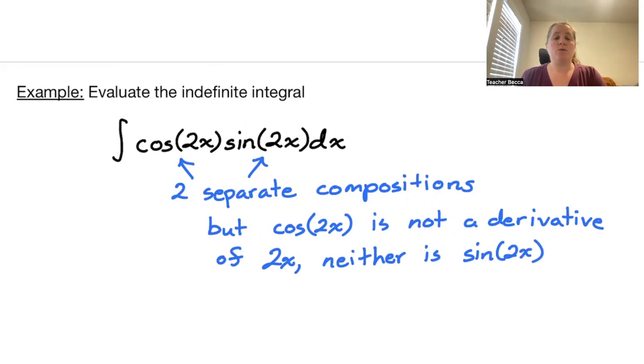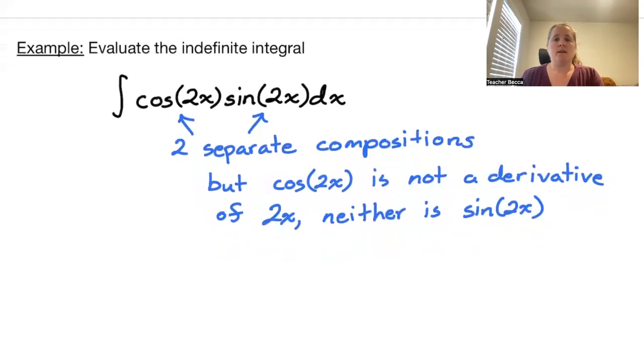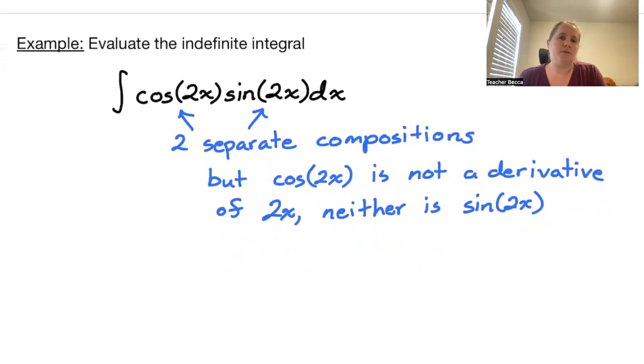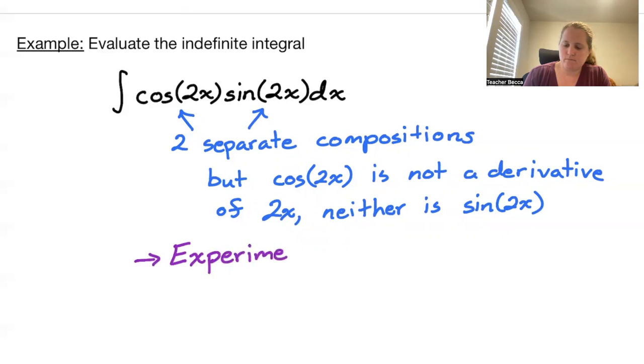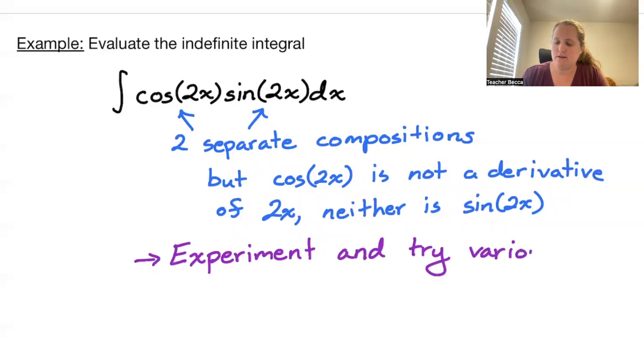So this time, let's just go ahead and experiment. Instead of using an inside function as our u, let's just either pick that cosine of 2x to be our u or the sine of 2x to be our u. So instead, let's just kind of experiment and try various things as u.